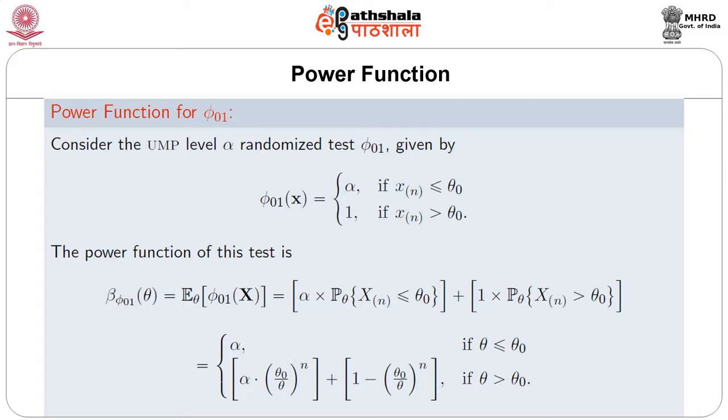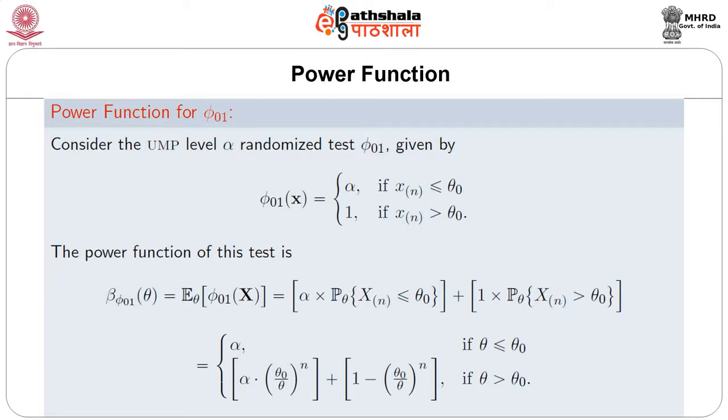So here, the probability that x order n is greater than theta naught is 0, since theta naught is like b, and the probability that x order n is less than or equal to theta naught is 1. So alpha into 1 plus 1 into 0, that is alpha.